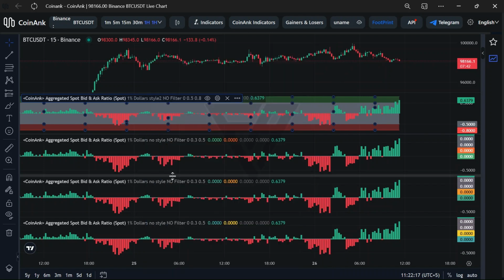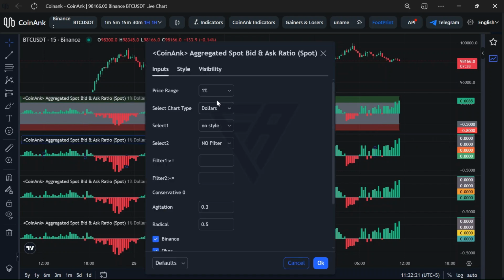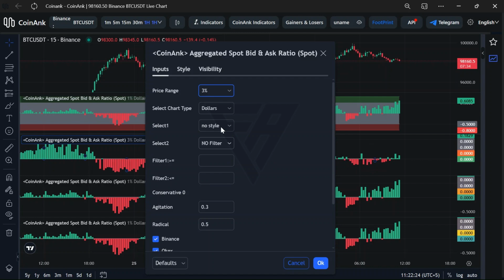Here I am gonna again filter through percentage from lower to higher for a short-term to long-term view.